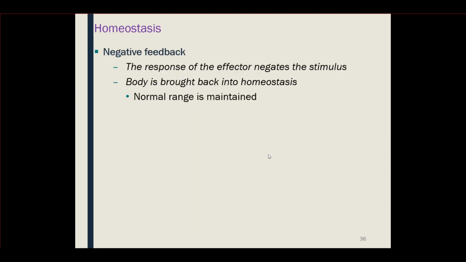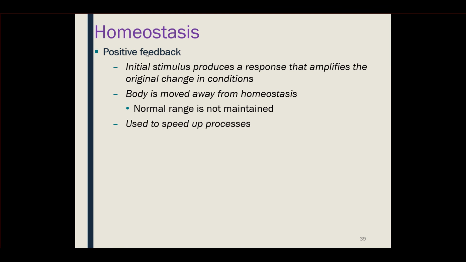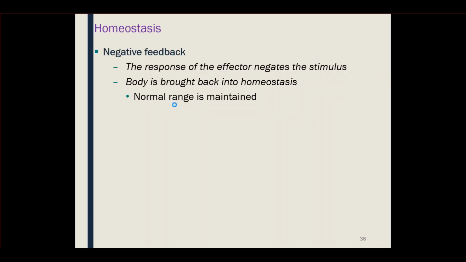So there are two ways that we control homeostasis, get back to homeostasis. There's something known as negative feedback, if you want to give that a little highlight right there, and then a little bit further down on your page is positive feedback. Let's do negative feedback first.